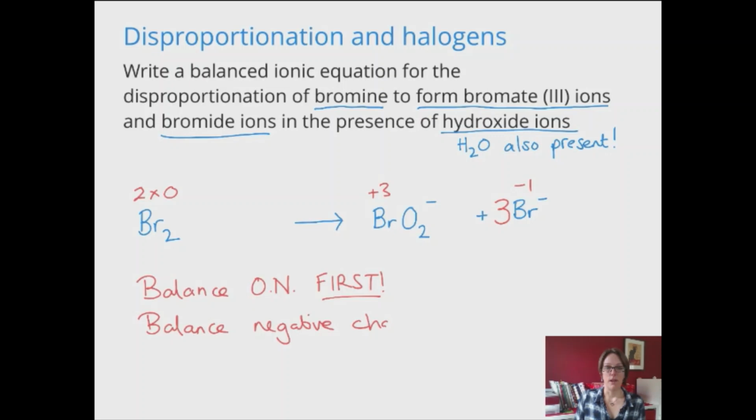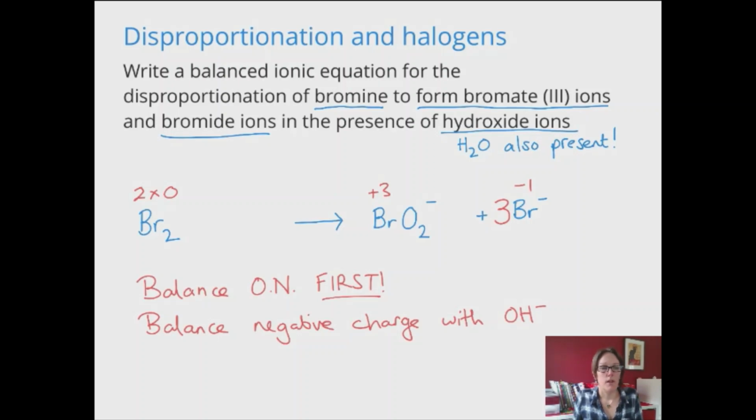Now what are we going to do? So this is slightly different. It's in the presence of hydroxide ions. So I'm actually not going to add water yet, and that's because hydroxide ions contain oxygen, and if I start adding water, I'm going to add more oxygen without knowing how many oxide ions. So the way of doing it with hydroxide ions is slightly different.